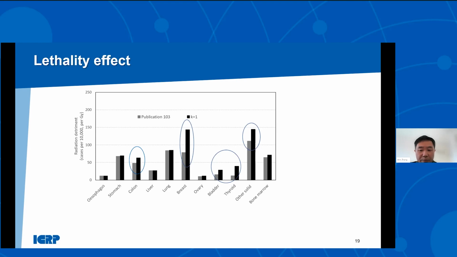For colon cancer, breast cancer, bladder cancer, thyroid cancer, and other solid cancer, showing blue circles, it is noticeable that there is a reduction in detriment using a lethality fraction less than 1. The reduction is up to a factor of 3 for thyroid cancer. So it is important to reduce the lethality of cancer, hopefully by improving medical treatment.